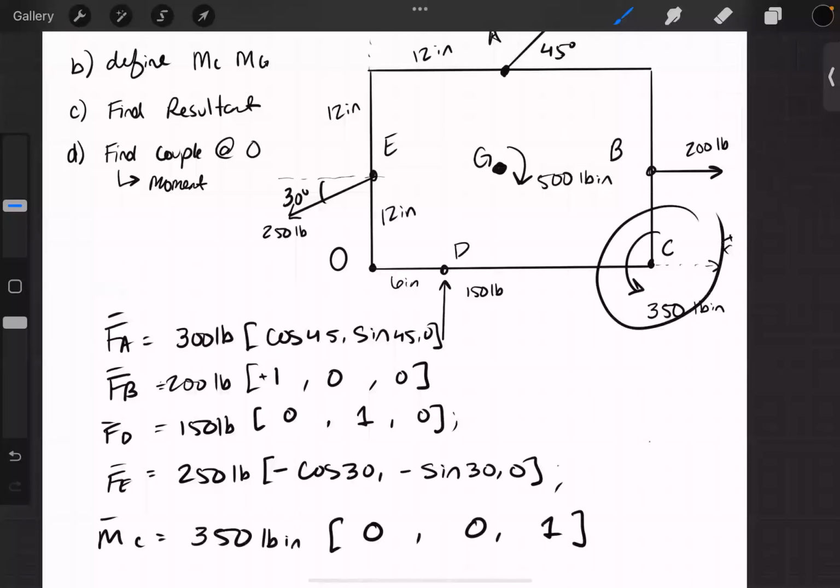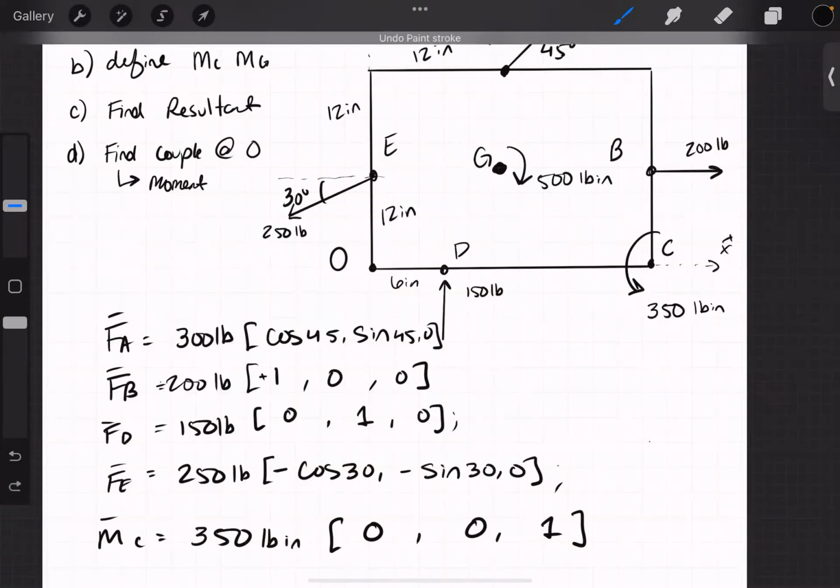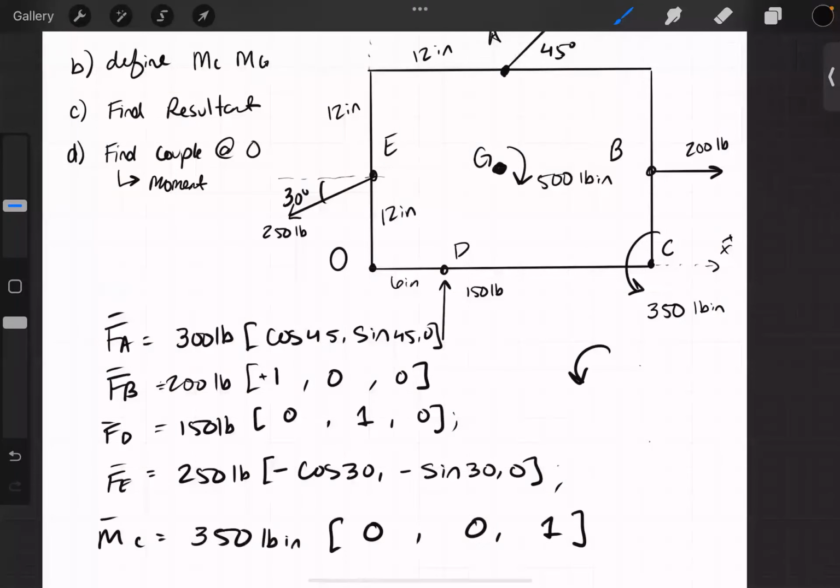For this moment here at point C, this is a counterclockwise force, and therefore it is positive. Be sure to know how to figure that out on the quiz. So we have a positive 350 inch-pound moment.